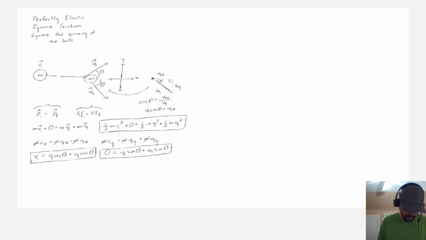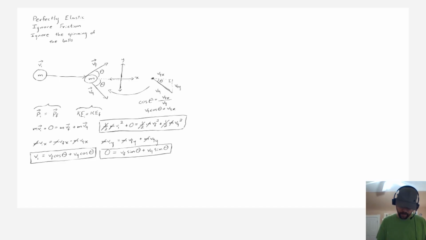I could randomly start throwing things around, but I want to try to do it the same way that I did during homework. So let's take the kinetic energy equation, which in this one I should have canceled. If we multiply every term by 2, all the 1/2s cancel, and if we divide every term by m, all of the m's cancel.